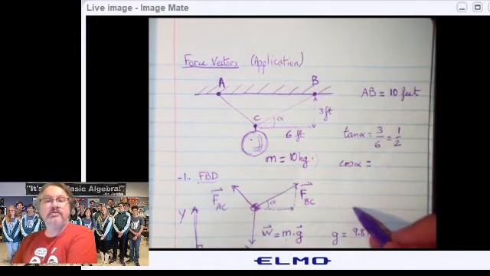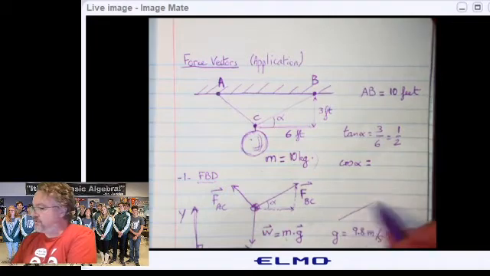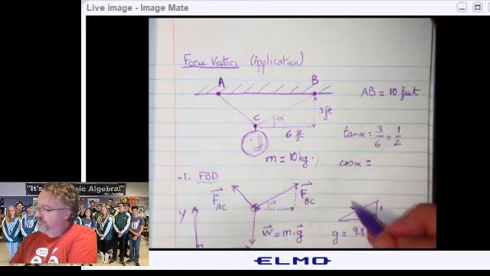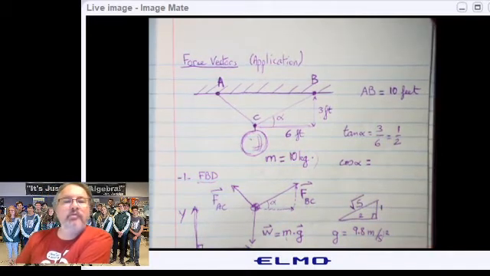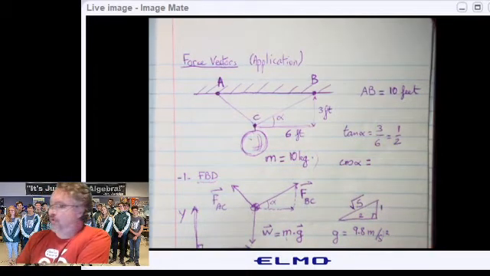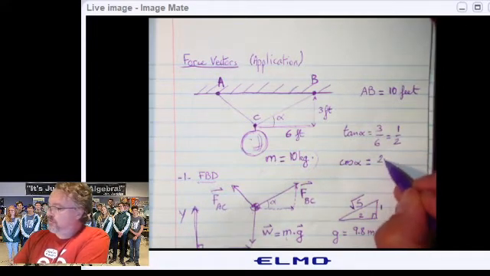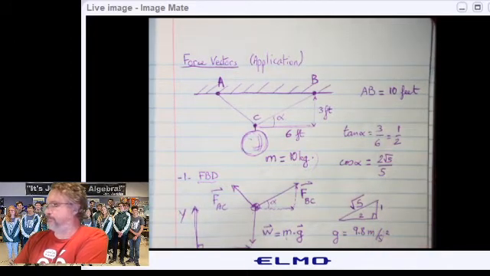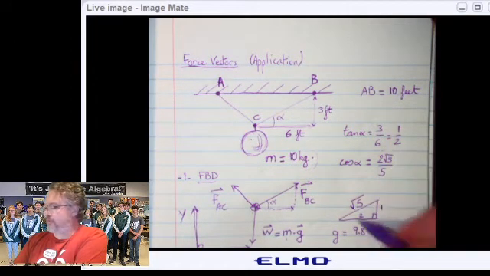And if I consider this triangle right here, with the 1 right here and the 2 right here, the hypotenuse using the Pythagorean theorem will be the square root of 5. Therefore, cosine alpha will be 2 root 5 over 5. Okay, 2 over root 5, adjacent over hypotenuse, which is 2 root 5 over 5.